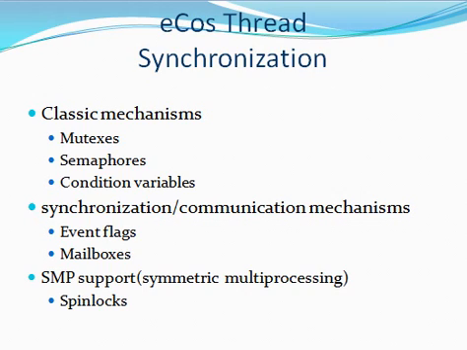In addition, eCos supports two synchronization and communication mechanisms that are common in real-time systems, namely event flags and mailboxes. Finally, the eCos kernel supports spin locks, which are useful in symmetric multiprocessing systems.